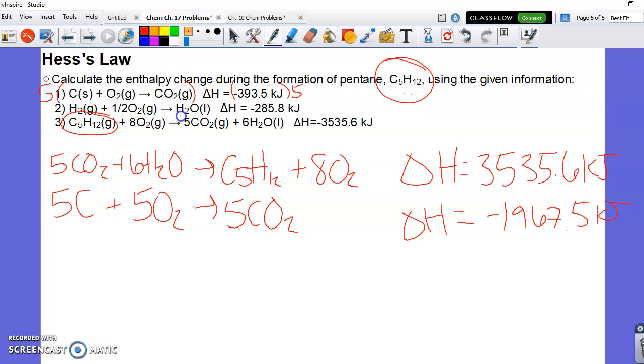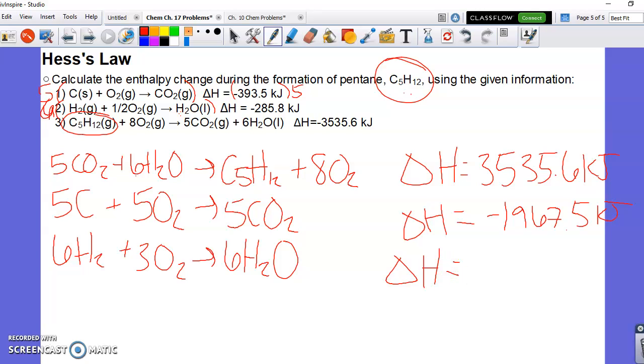Now I'm going to come down here and try and get rid of my waters. So I have 6 waters here, only 1 here. So I'm going to multiply that equation by 6. So now I have 6 H2 plus 1/2 times 6 is 3 O2, and that yields 6 H2O.